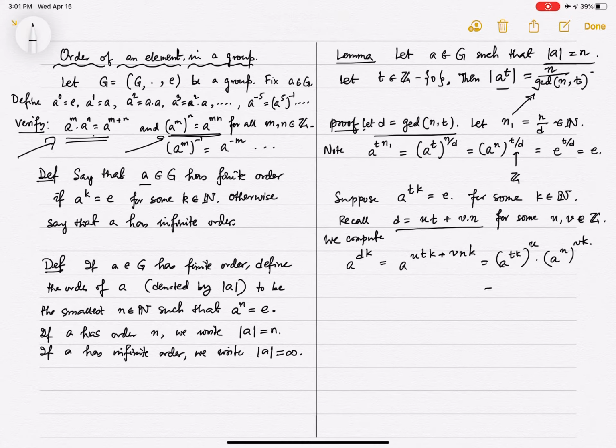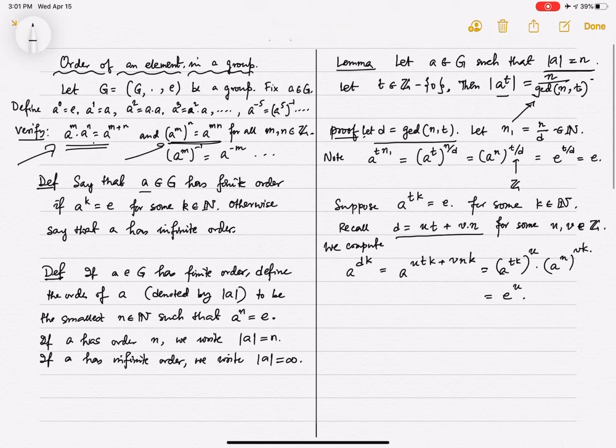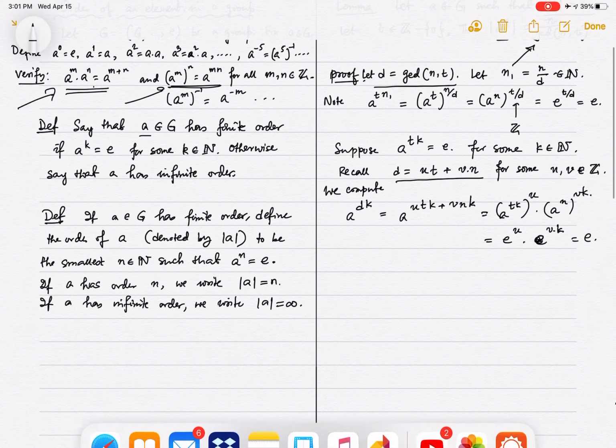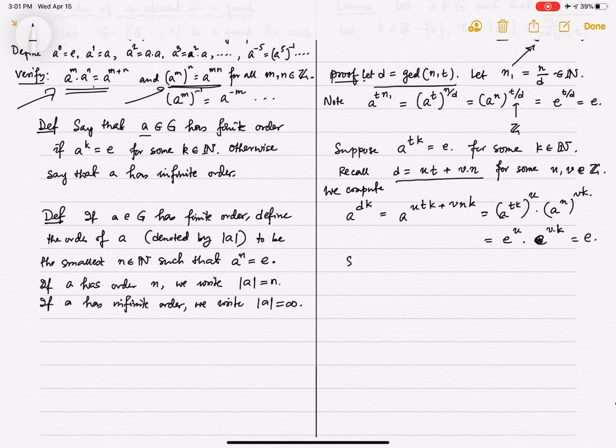But a to the power t k is assumed to be identity, and a to the power n is also identity because a has order n, remember? So this is all powers of identity, which is identity. So what does that show? That shows that a to the power d k is identity.